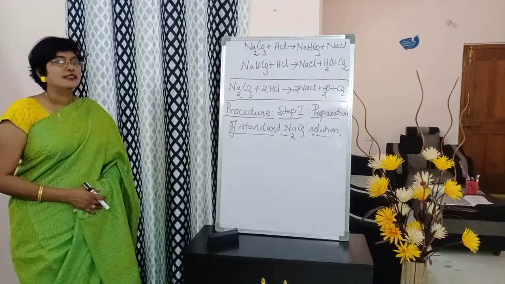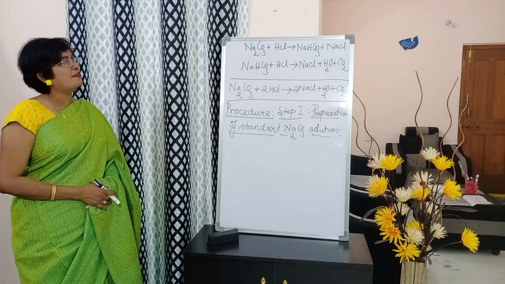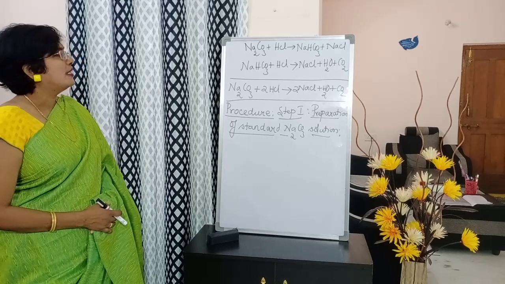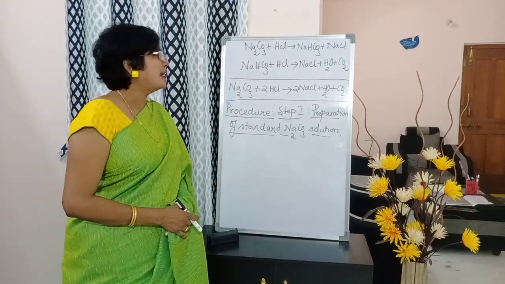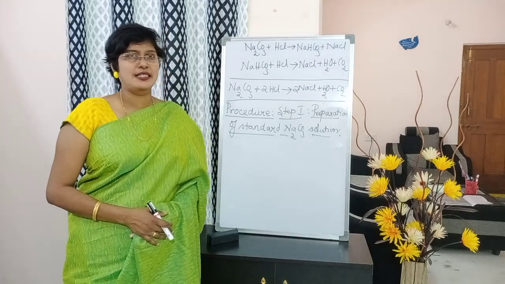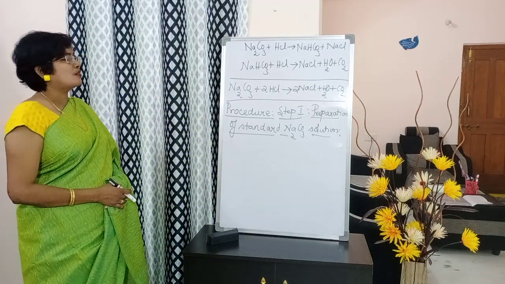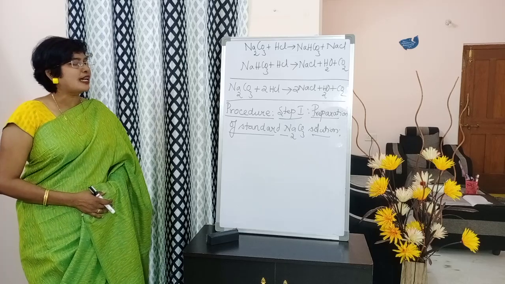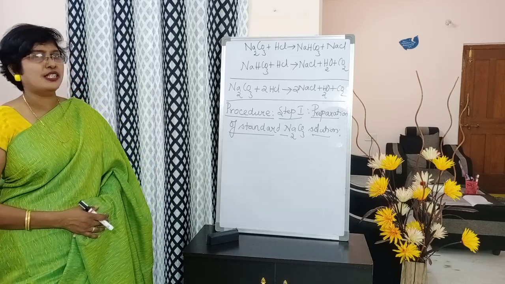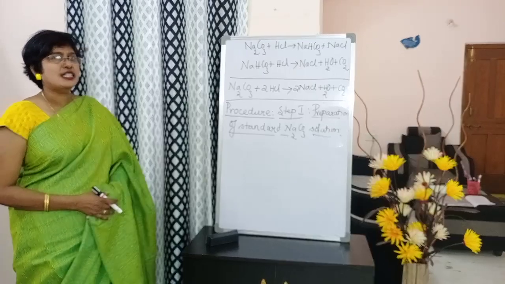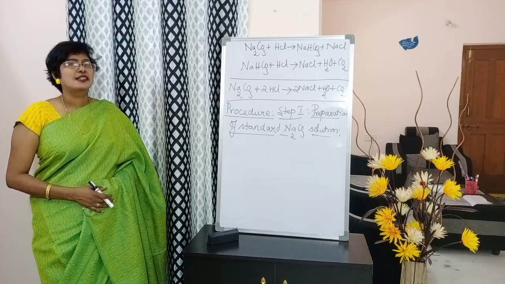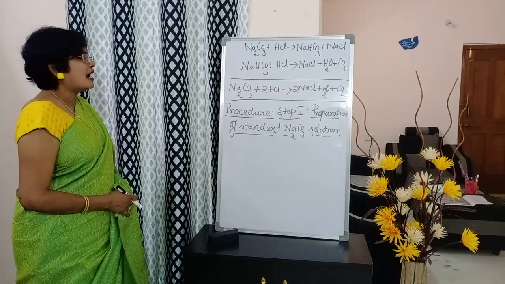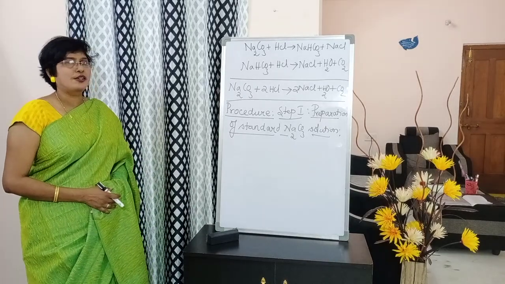Next, if you add up the two reactions, Na2CO3 plus 2HCl gives 2NaCl plus H2O plus CO2. These are the reactions you are supposed to write under the principle. Next comes procedure, students. Under this procedure we have 3 steps. Step 1, put the side heading: preparation of standard Na2CO3 solution.